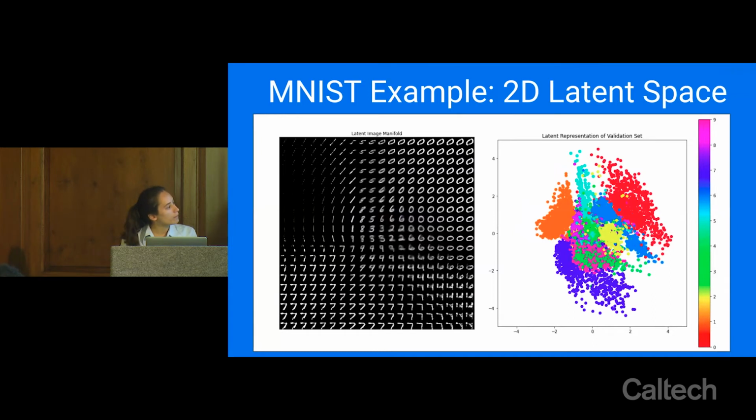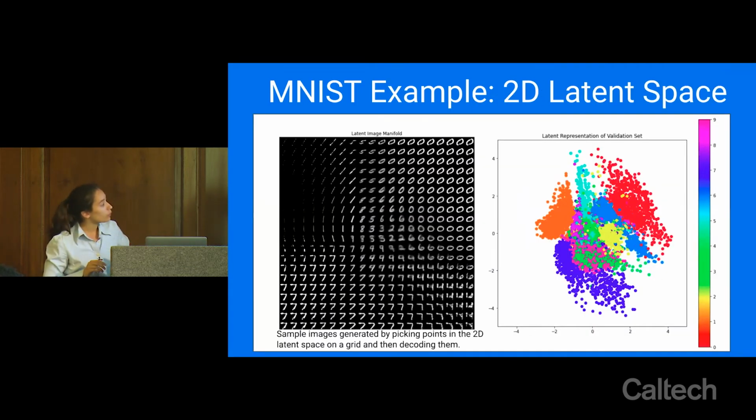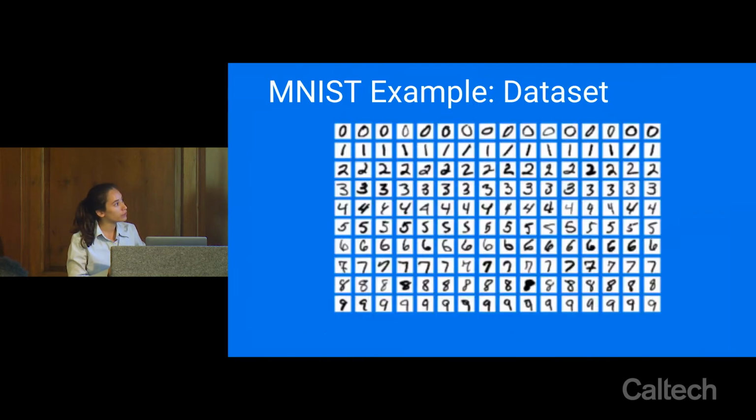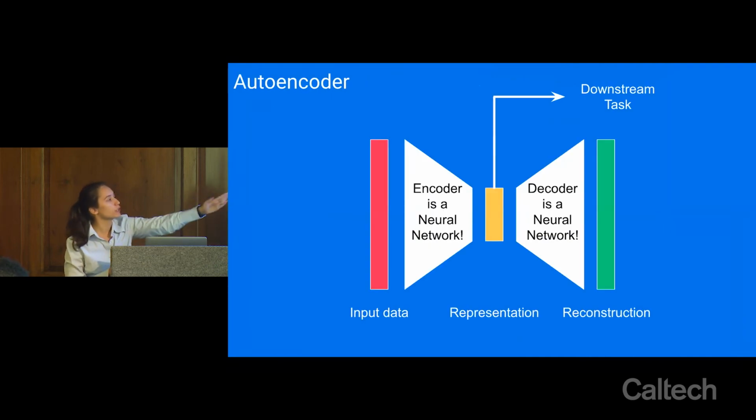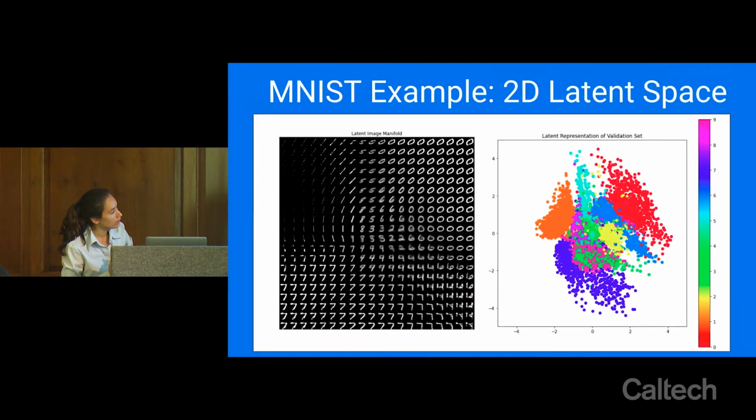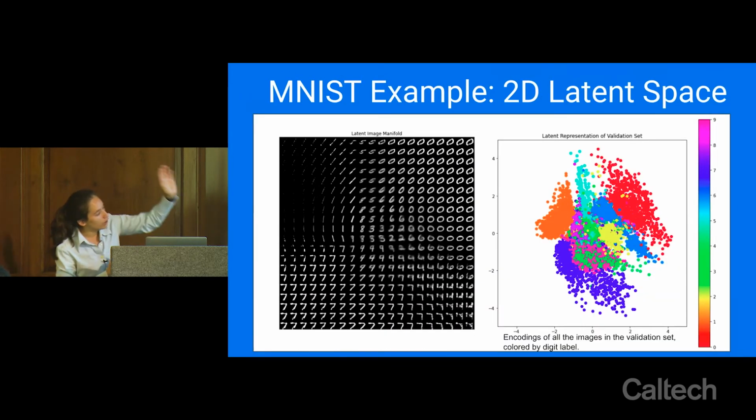Okay, good. So I will run through these slides. On the left, just one more time, and if you have questions, stop me. These are the sample images generated by picking a point in the latent space and then pushing it through the decoder, from the yellow piece onwards, and seeing what we get. On the right side, we're looking at the embeddings of all the images in the validation set.